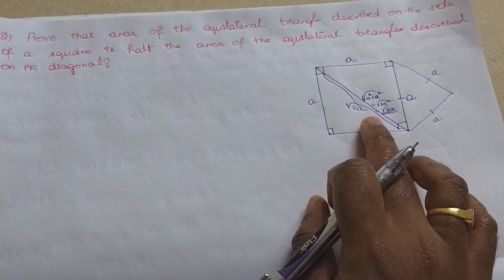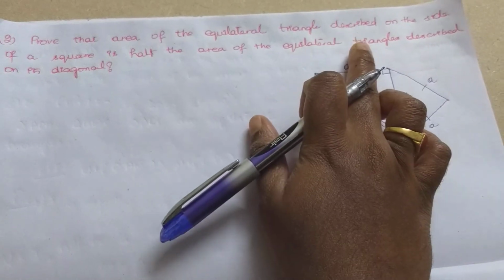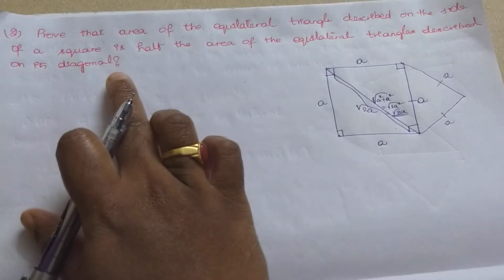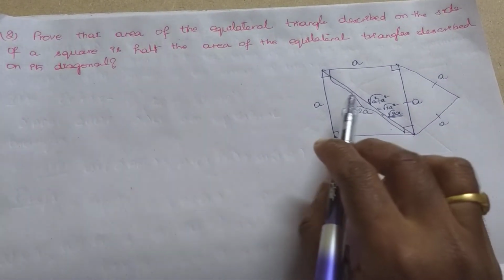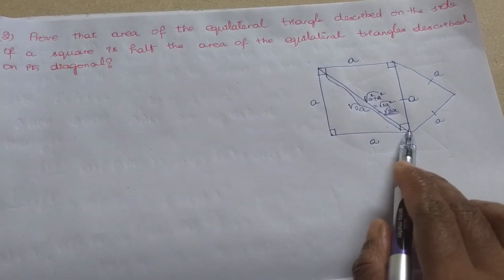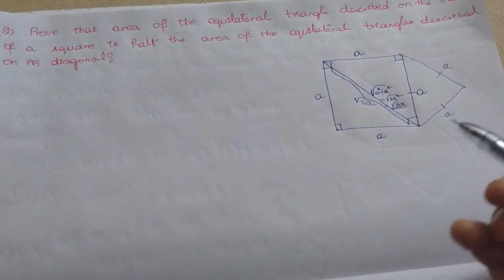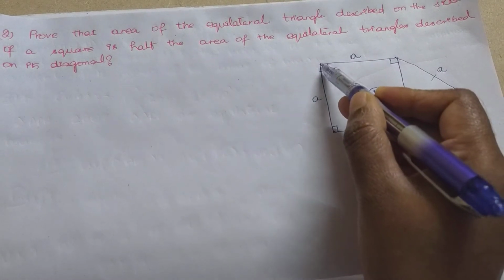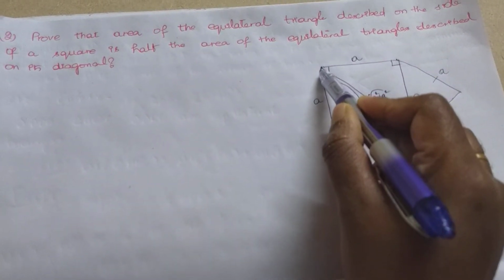So what did they ask us to prove? Area of the equilateral triangle described on its diagonal. Taking this diagonal as one side, we have to construct another triangle. So we have to construct it like this.